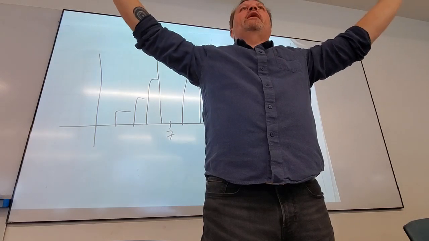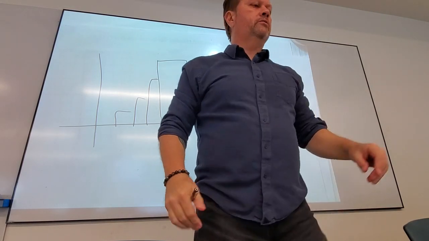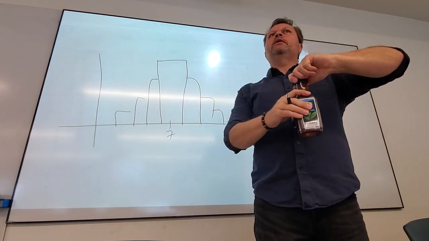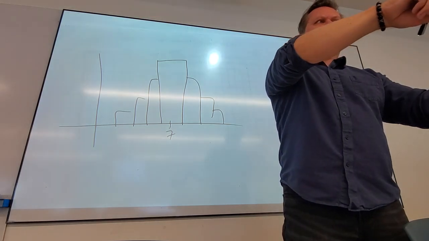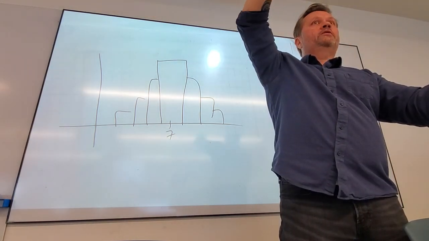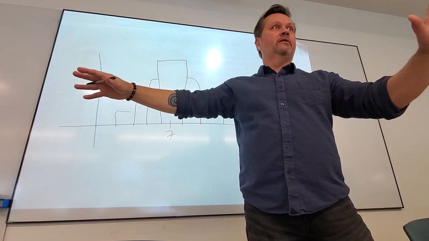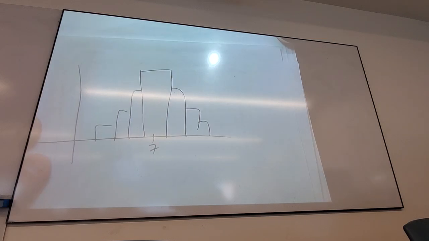Can somebody describe to me visually how you could tell something's a normal distribution? Makes a bell. What does that mean? Be a little more specific. A bell means in words it starts low, goes high, comes back low, yes? So this is all a side note here, by the way.